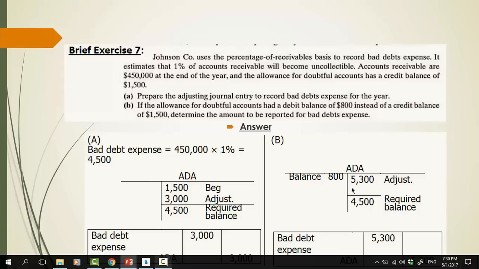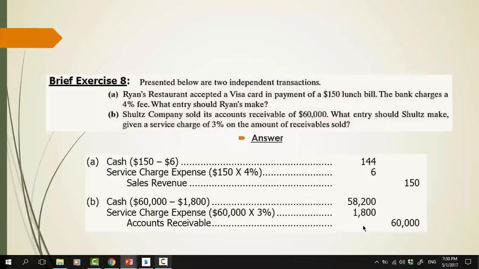ADA debit balance 800, and this is a result of a wrong estimation, and I want to reach a required balance of 4,500. Then how much will be added to 800 to reach 4,500? $5,300. Okay, another example.